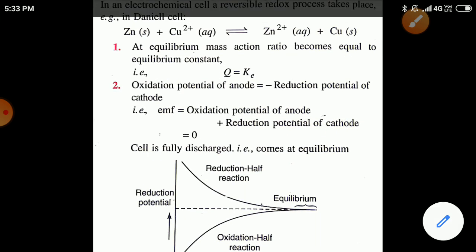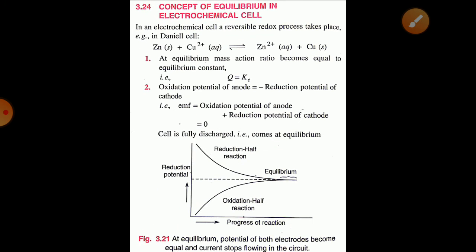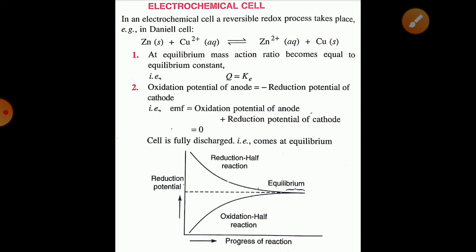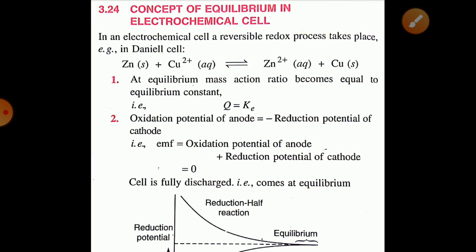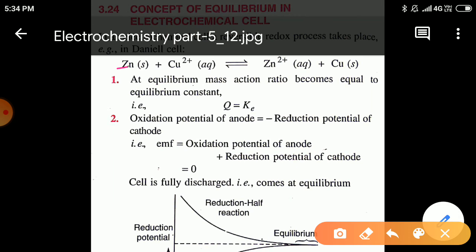Now next point is the concept of equilibrium in an electrochemical cell. If the cell reaction is at equilibrium, means the forward reaction is equal to the backward reaction. For example, in the case of the Daniell cell, where zinc works as anode and copper works as cathode, in the reaction zinc gets oxidized and copper cation takes electrons and gets reduced.